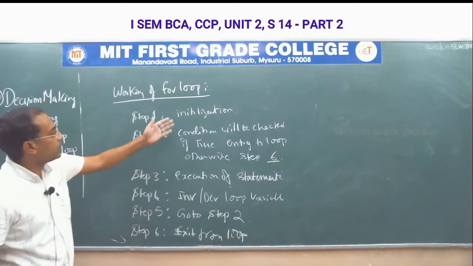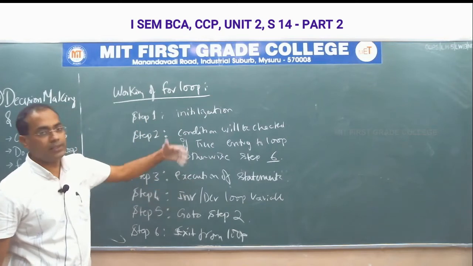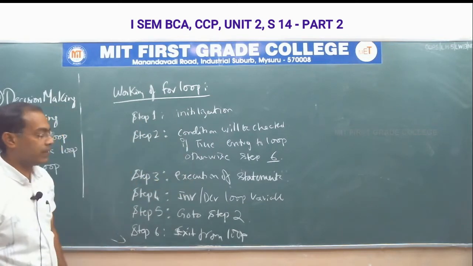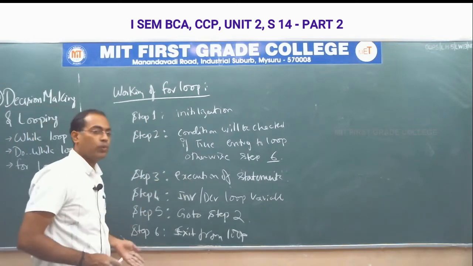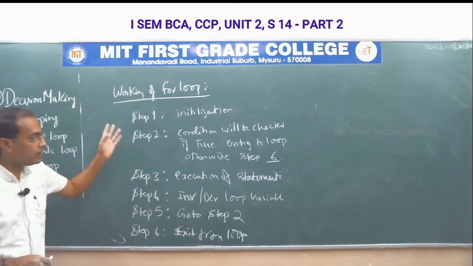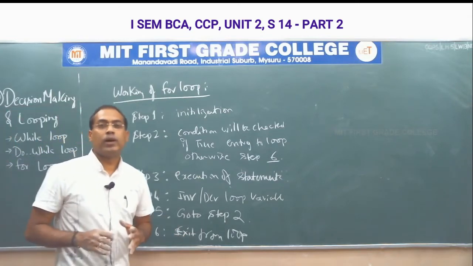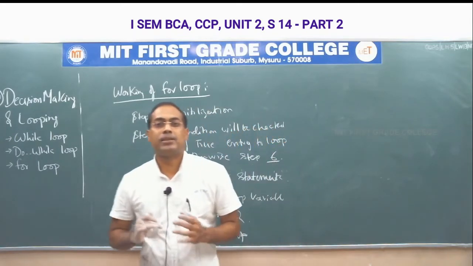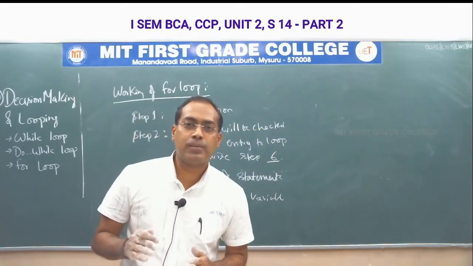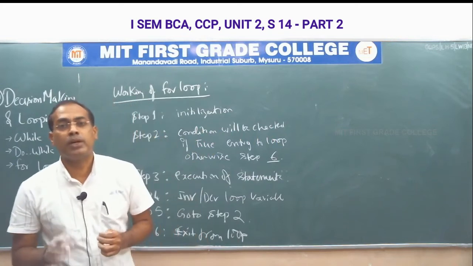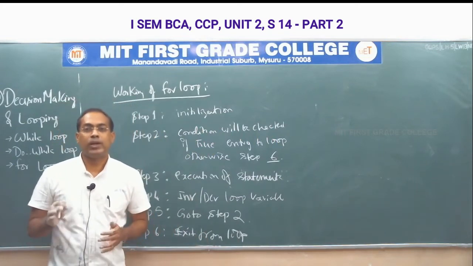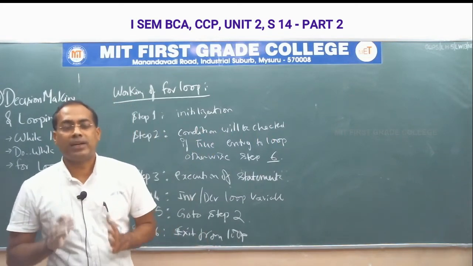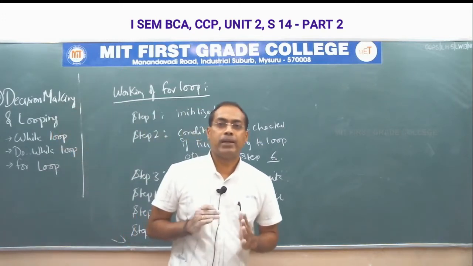I can also write if true, go to step 3, but it's okay. Whatever I have written is more than enough. Students, this kind of explanation you will not find in most of the textbooks. So in the class we try to explain the concepts in the simplest form, so that as a beginner you are able to understand the fundamentals of the programming language.